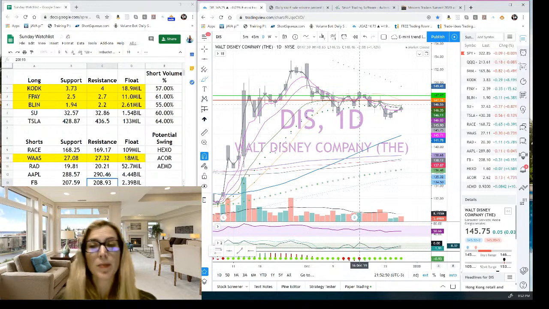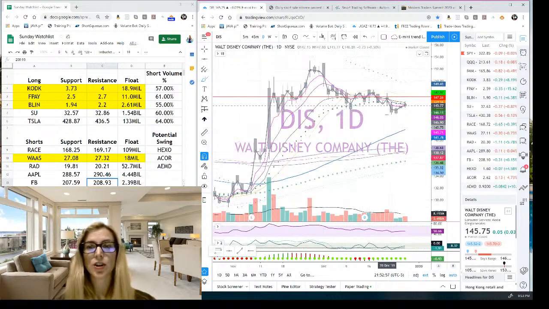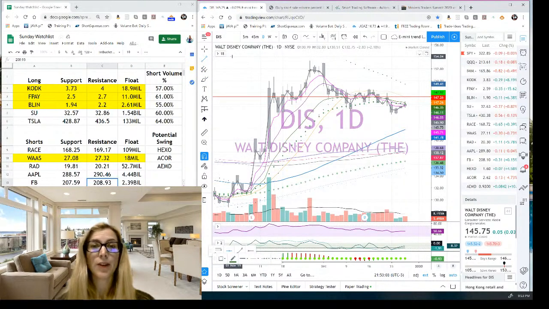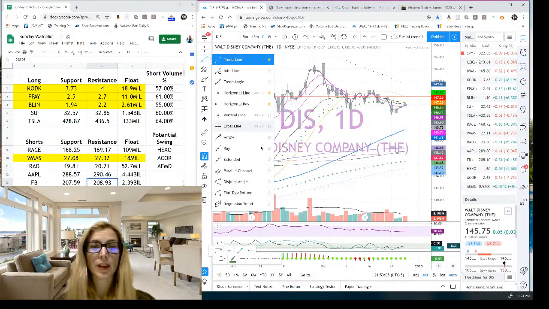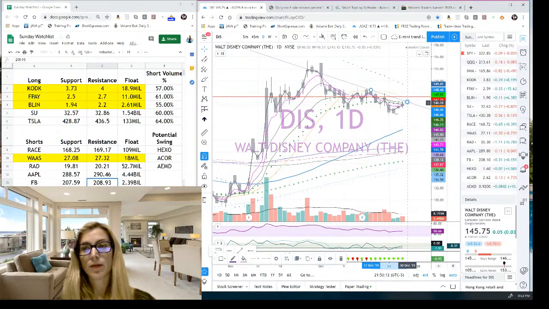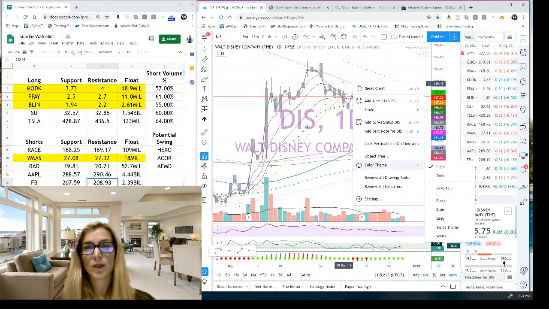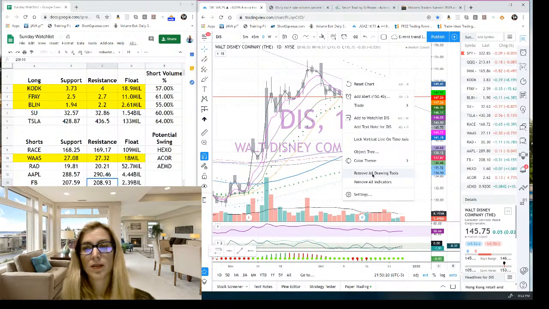You know, these are just my opinions again, so take it with a grain of salt, just looking at it and assessing the chart. Looking at it right now for Disney, I really find that without the green and red candles, let me just remove that really quickly and we'll draw it again.